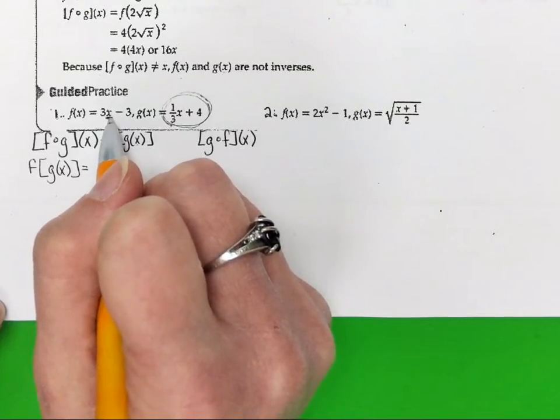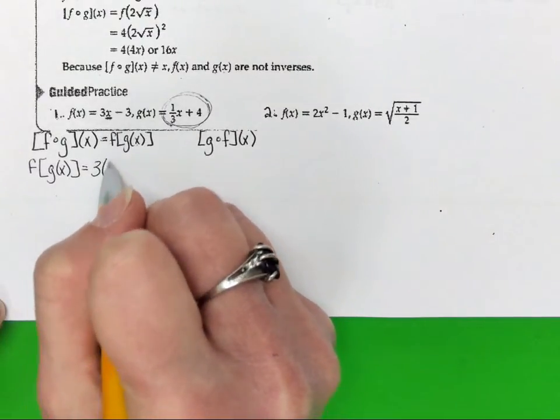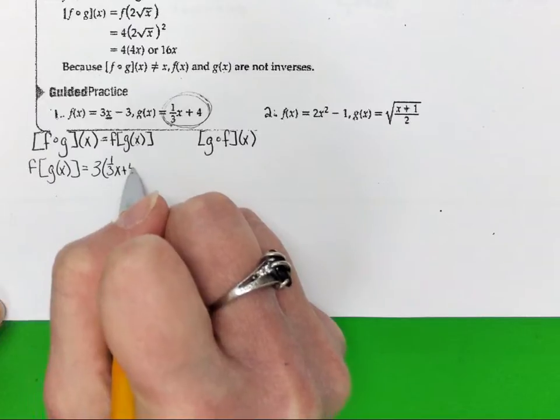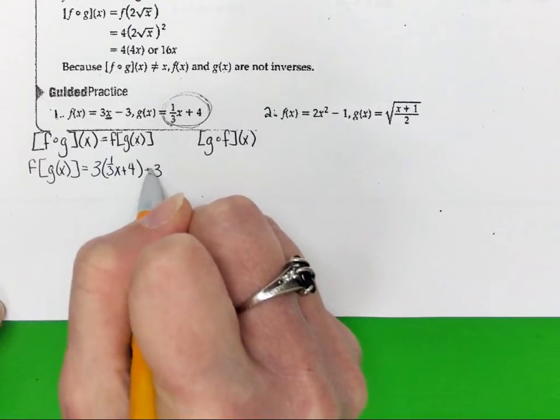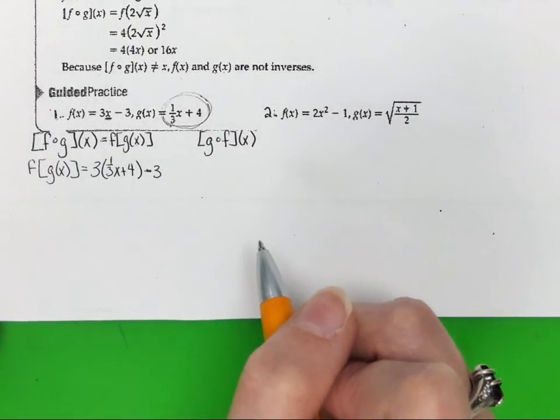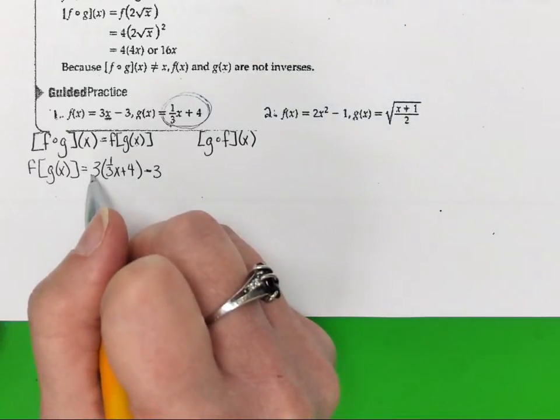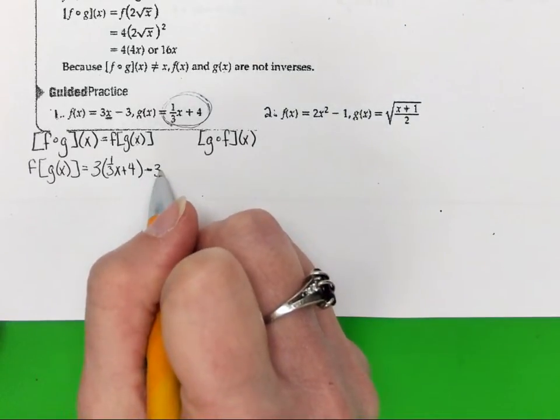So instead of x, I'm going to put 1 over 3x plus 4, and then minus 3.